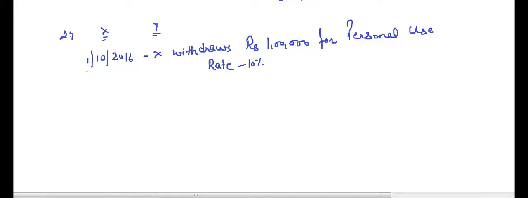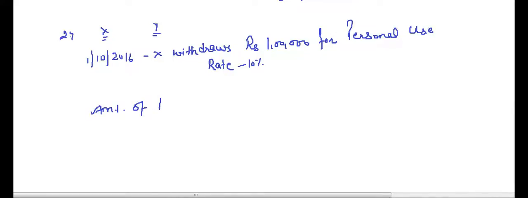But X is using money from 1st of October to 31st of March, that is only for 6 months. See, simple. See for how long the amount withdrawn is being used by the partner. Clear? Now here what will be the amount?